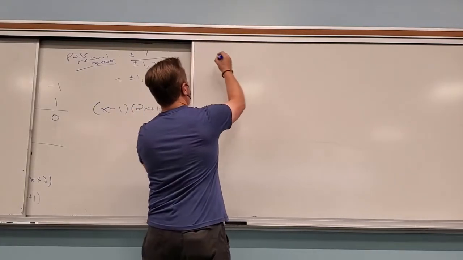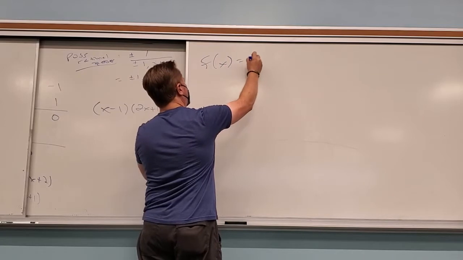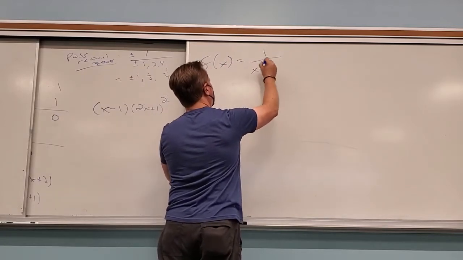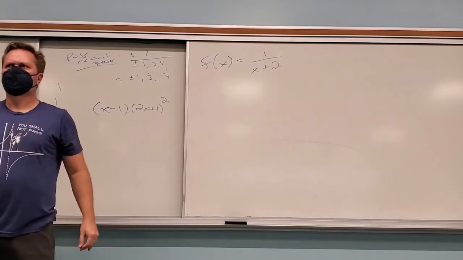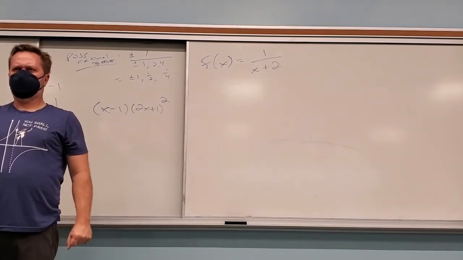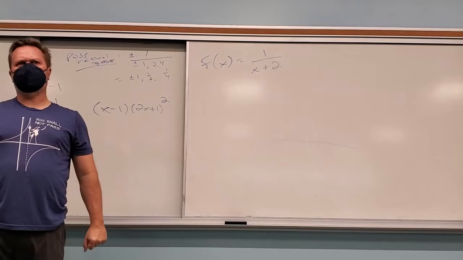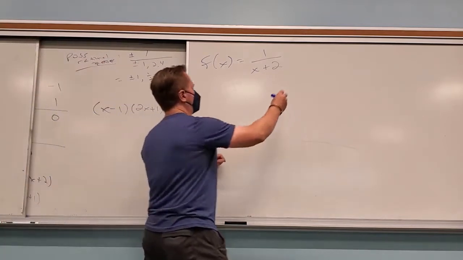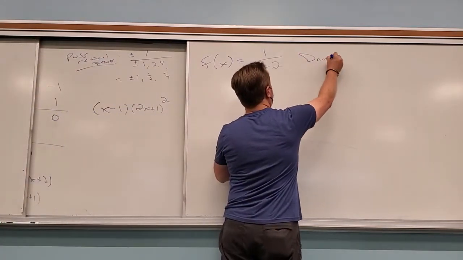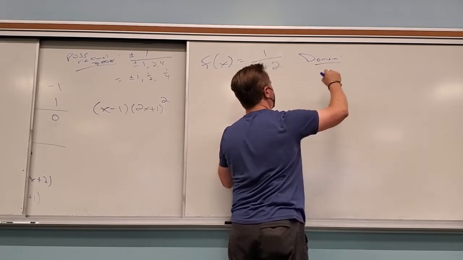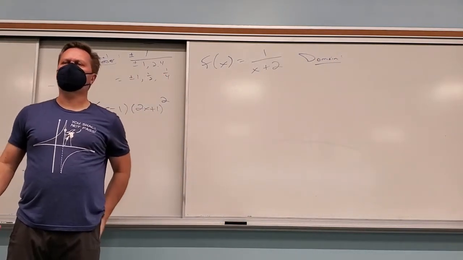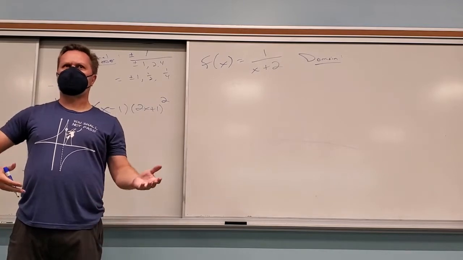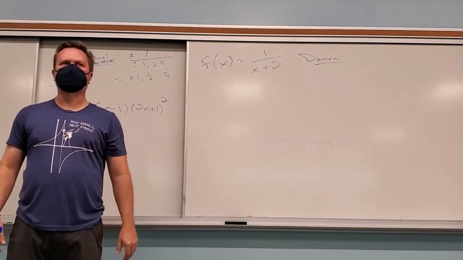Okay. So what if I had, let's take a look at a very simple function. Can anyone tell me the domain of this? And the way you answer the domain question is you normally think either what has to happen or what cannot happen.